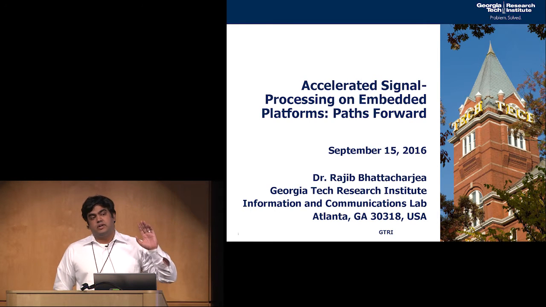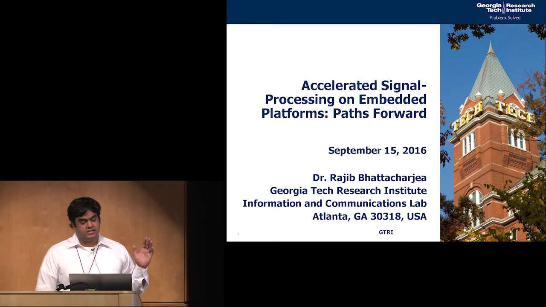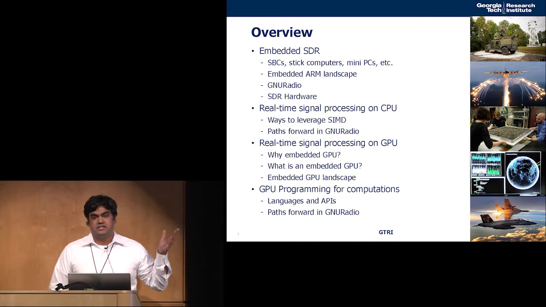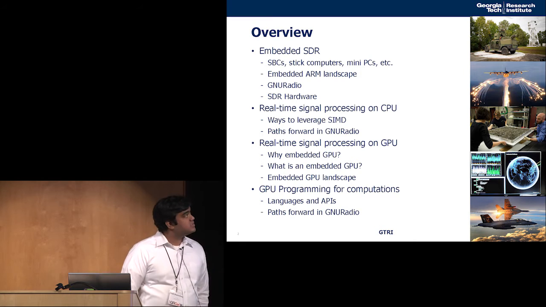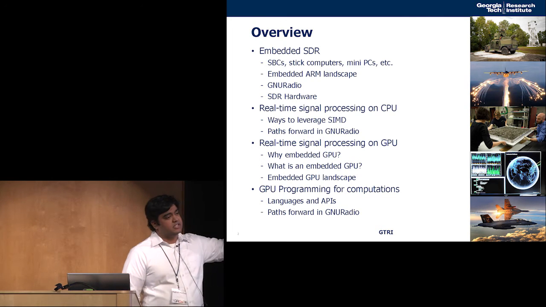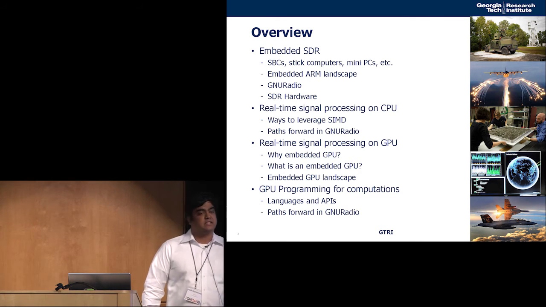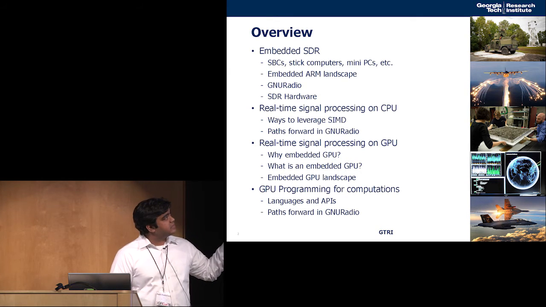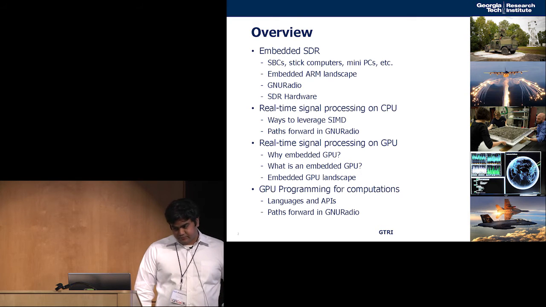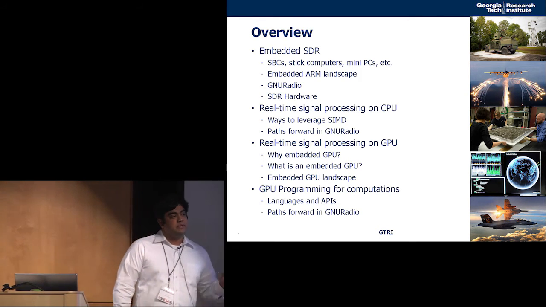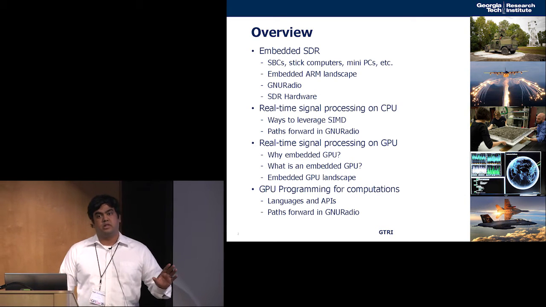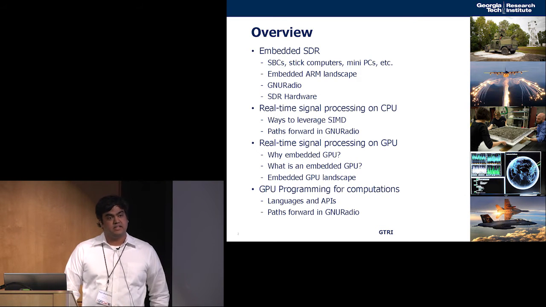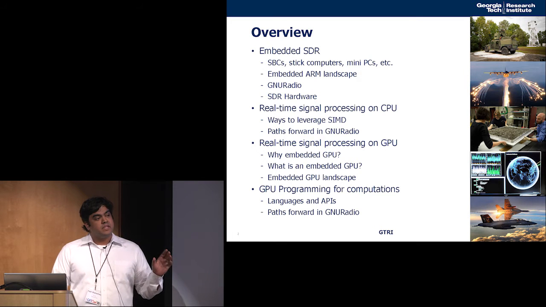So what I would like to talk about is how you can do SDR on these small embedded platforms that are kind of hobbyist tools. We're talking about single board computers, little compute sticks, things that plug into your TV. We're going to talk about how you do real-time signal processing on these devices using the CPU and the GPU. The CPU has been covered by several people more qualified to talk about it than me, such as Nathan talking about the Volk project, but I'll go over it very quickly.